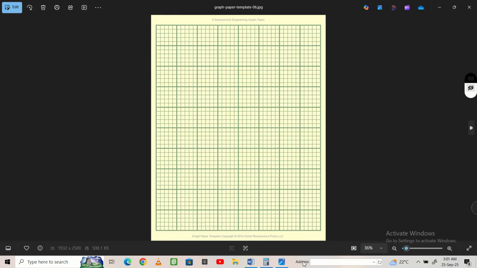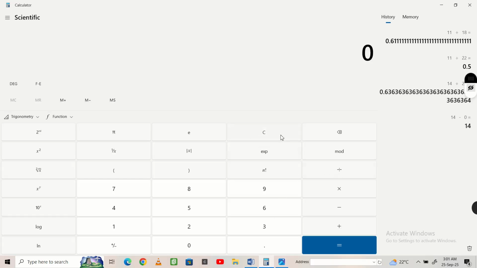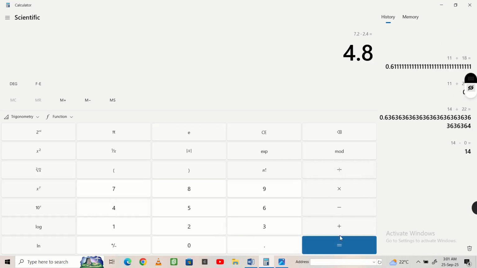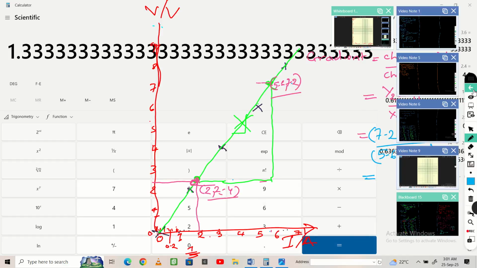Use your calculator. We had 7.2 minus 2.4, and the answer divided by 3.6, and your answer gives you 1.33.